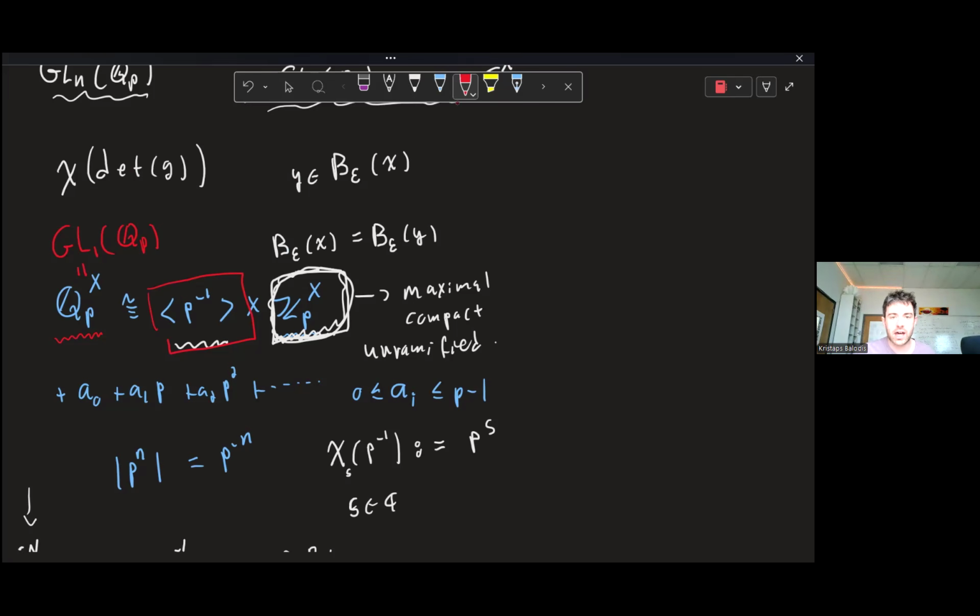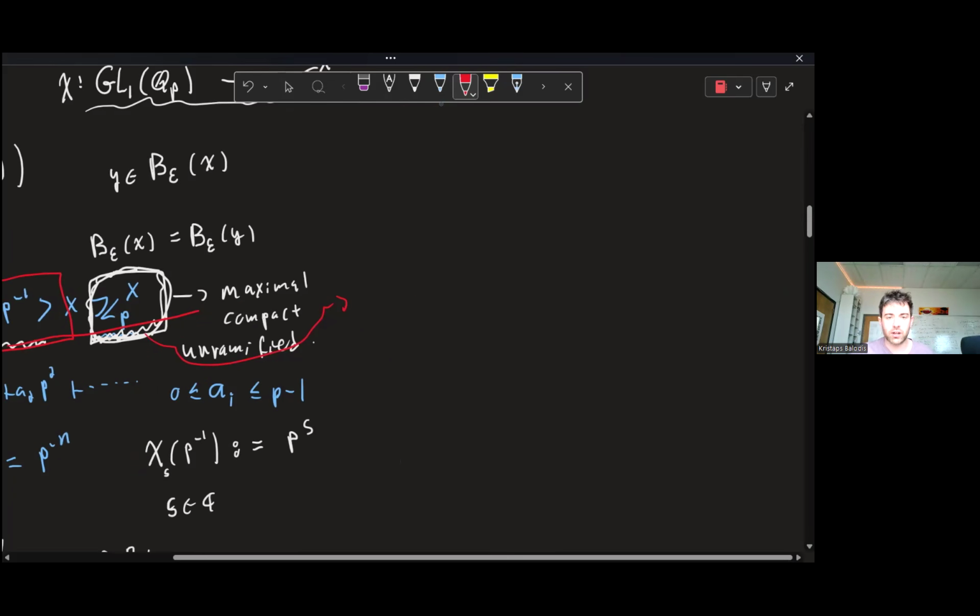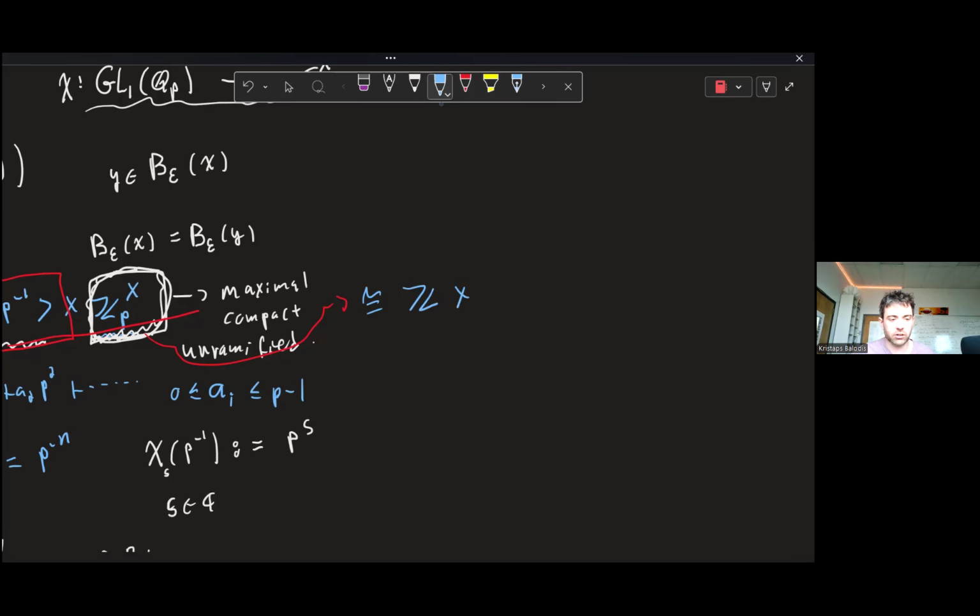That gives us something isomorphic as a topological group to the integers, the powers of p inverse, times Zp cross.